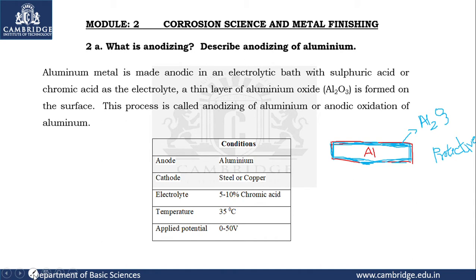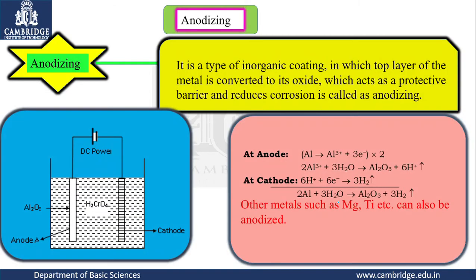Now, how do we carry out this process? To carry out the process, we need to have certain conditions. My objective is to protect the aluminium metal, so that is taken as an anode in an electrolytic bath. The metal to be protected, aluminum metal, is taken as the anode.